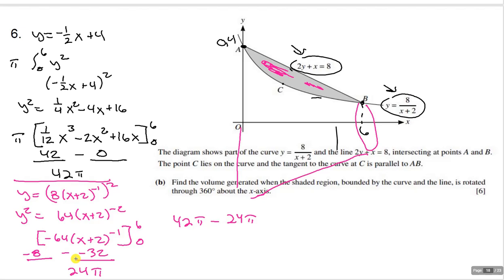What I need is just this part. This inner part is going to be like an open circle. I don't know how to explain that. Anyway, what we're going to do is find the volume of the top one rotated around, and then find the volume of the bottom one rotated around, and then you subtract them, and that'll give you the volume of the shaded area.